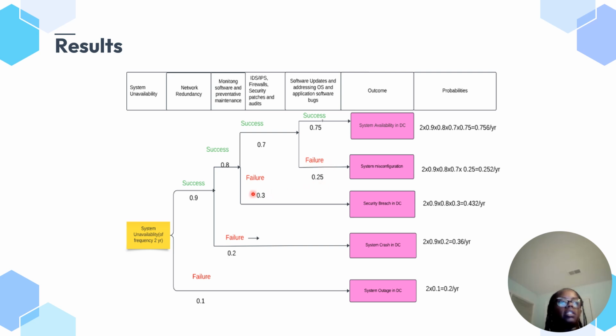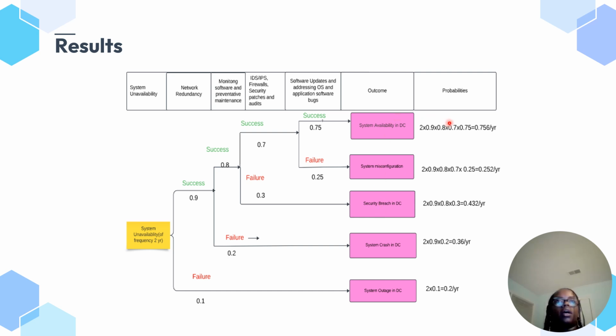Now, the events of having a success in every one of these scenarios would lead to system availability in the data center, while having a failure within a certain scenario would either lead to a system outage in the data center, the system crash, a security breach, or system misconfiguration.